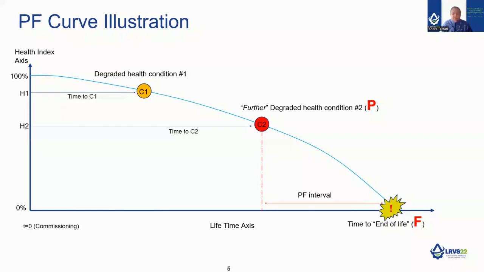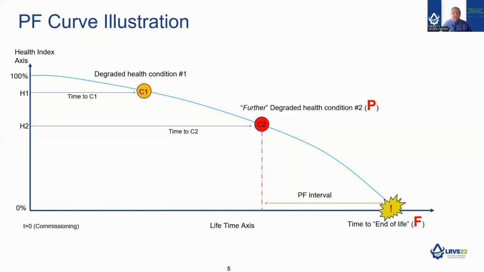Hence, the PF interval informs the operator, after he reaches a detectable degraded condition, in this case C2, how much time he has to initiate an action to mitigate the total loss of the asset. The mitigative action could be a repair, a restoration task, or it could be entirely replacing the asset itself.